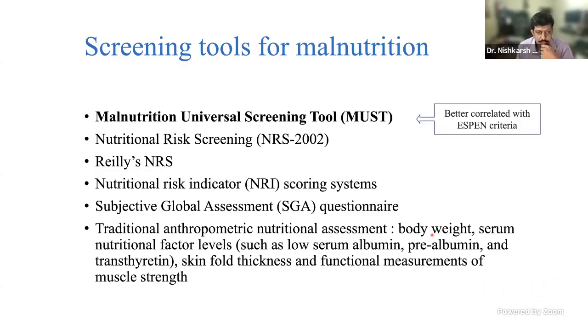Now, there are a lot of tools available for screening for malnutrition. We have the Malnutrition Universal Screening Tool or MUST, Nutritional Risk Screening, then Subjective Global Assessment, and traditional anthropometric measurements like body weight, serum nutritional factors, skin fold thickness, and functional measurement.